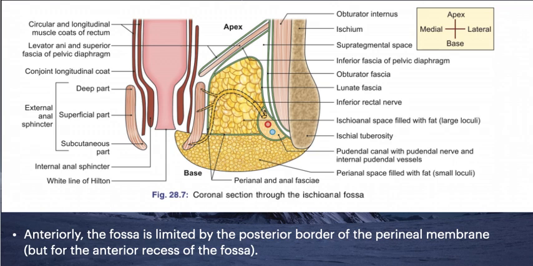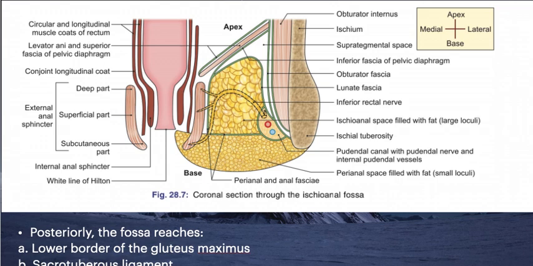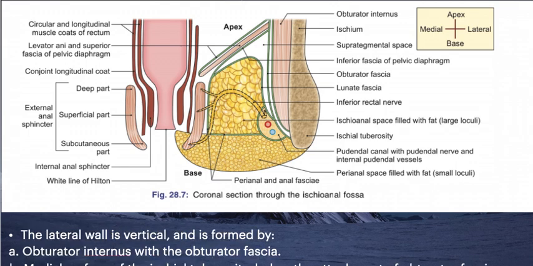Anteriorly, the fossa is limited by the posterior border of the perineal membrane, but for the anterior recess of the fossa, we'll talk about the recess further on. Posteriorly, the fossa reaches up to the lower border of the gluteus maximus and the sacrotuberous ligament.